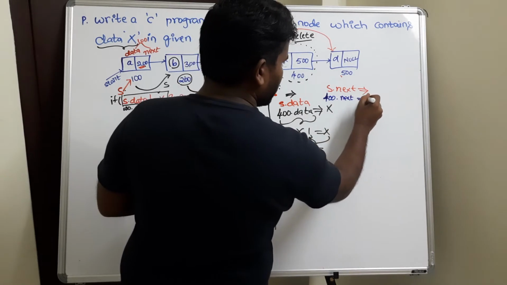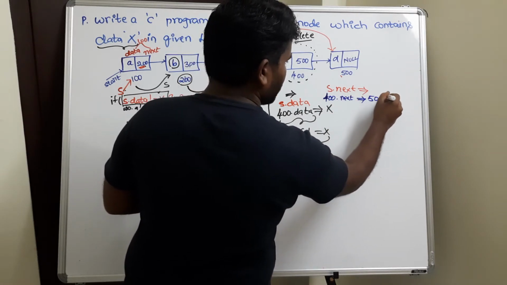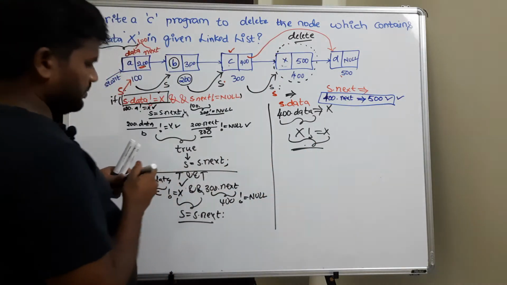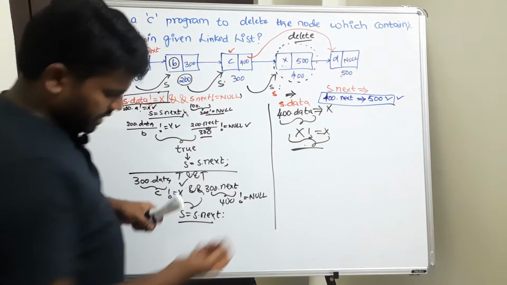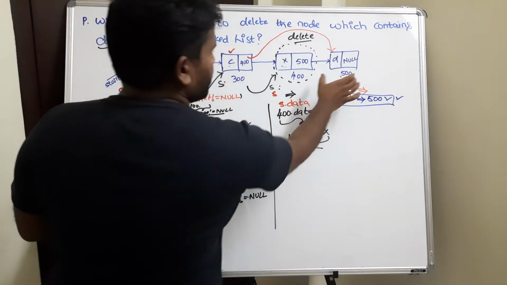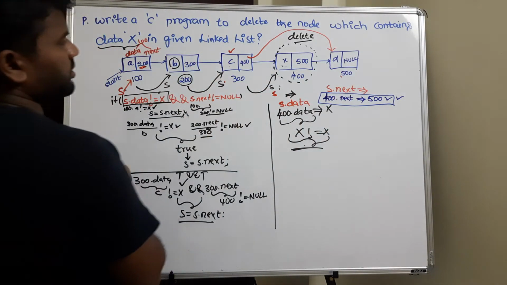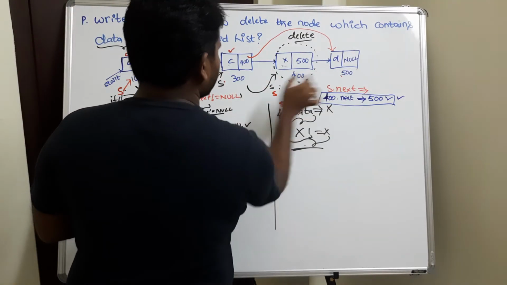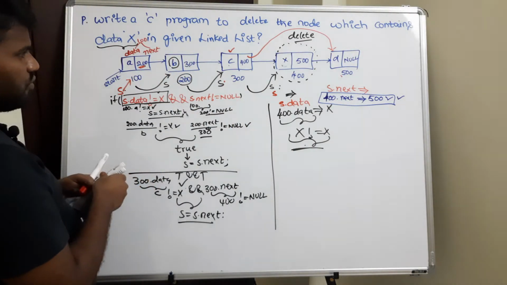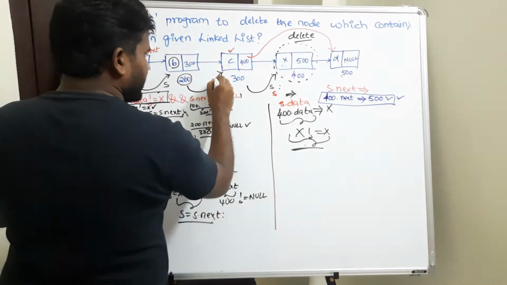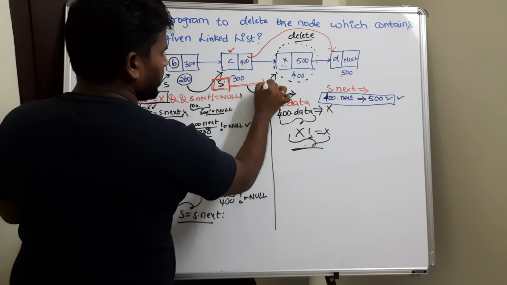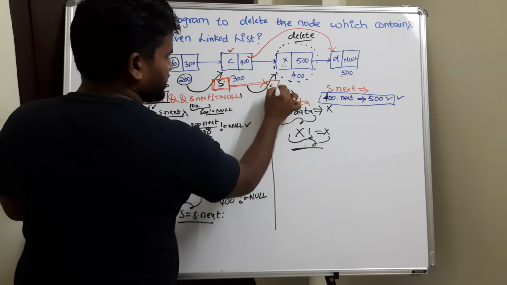It will give you 500. So you can assign this particular node address to this, but you don't have the previous address, because you have already moved s from 300 to 400.